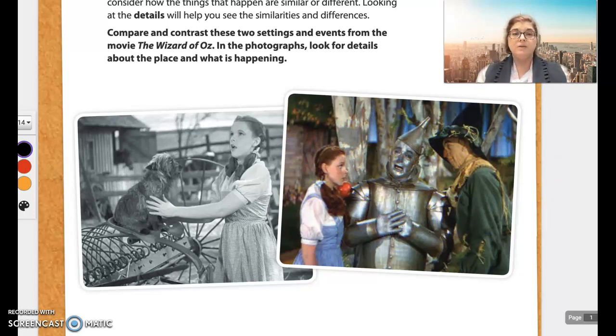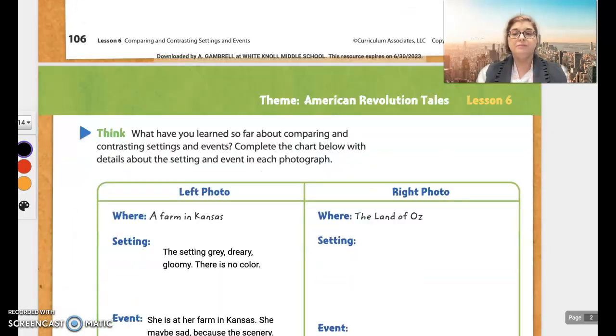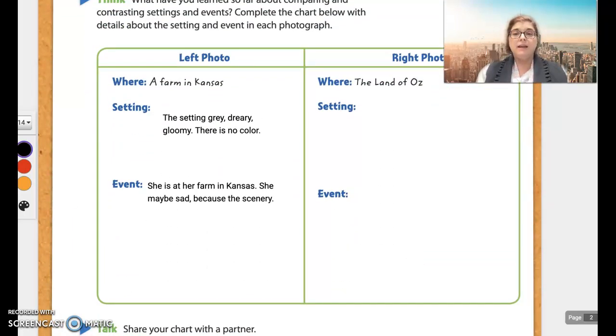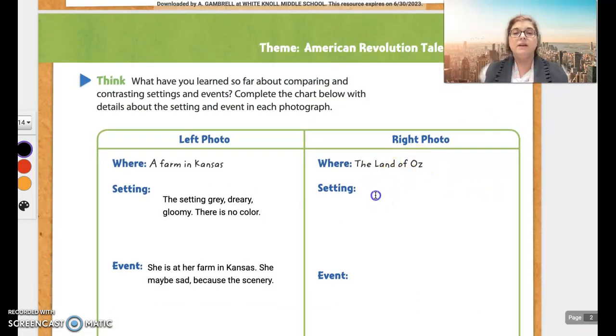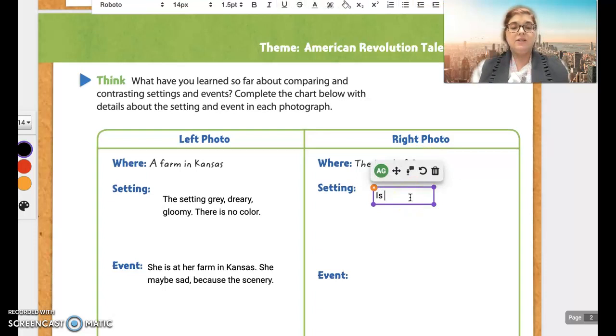Take a minute to think. What do you see in the photo? Well, I know that in the right photo, they're in the land of Oz. The setting is bright and colorful, right? The setting is bright and colorful.